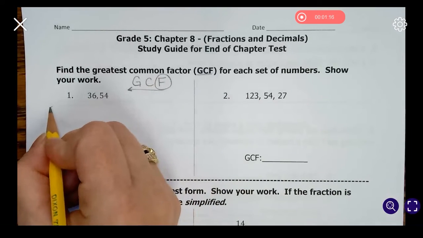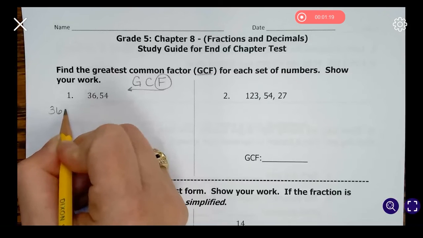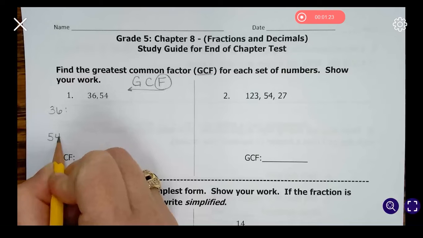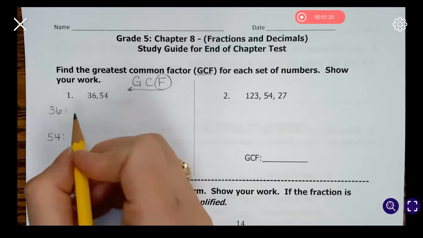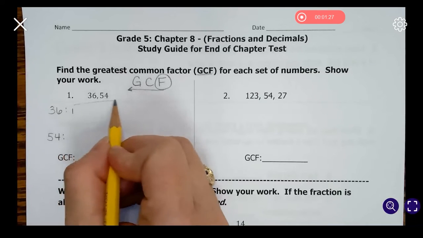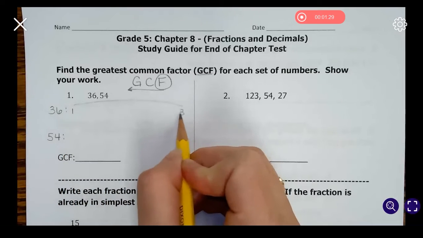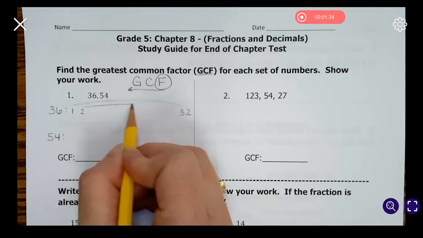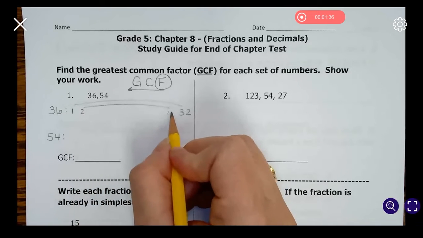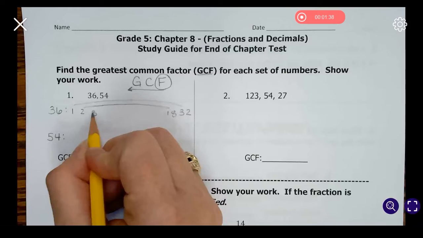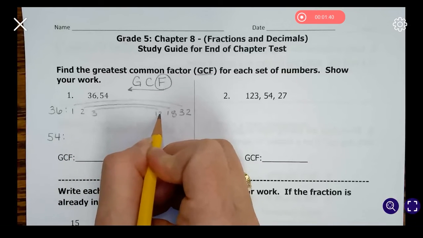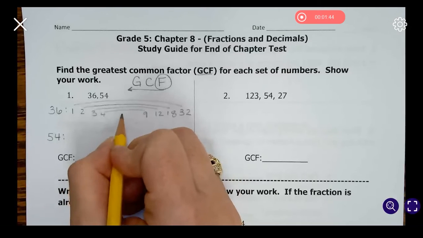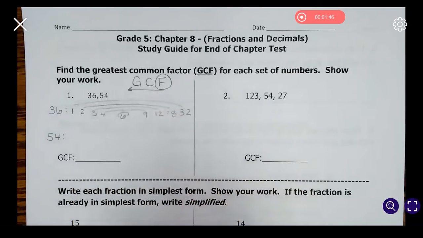So we have 36 and we have 54. All right, so for 36, we have 1 times 36, 2 times 18, 3 times 12, 4 times 9, and 6 times 6.